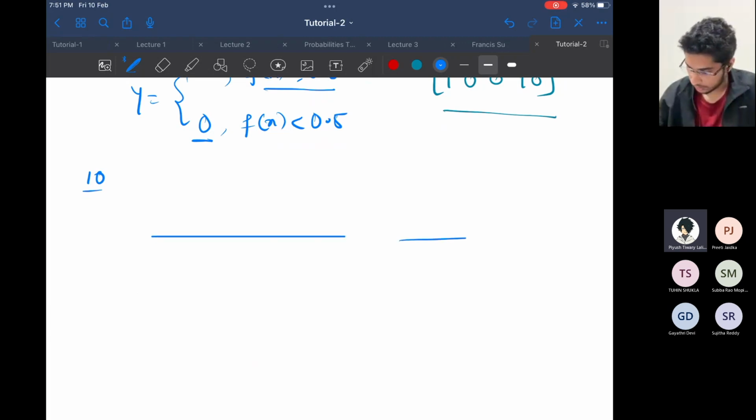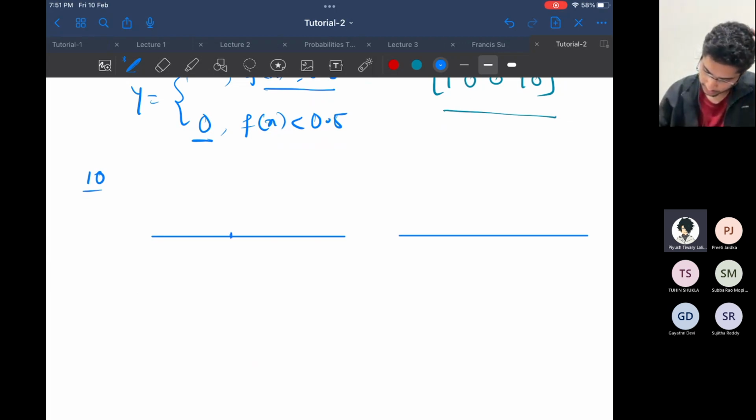So for a perceptron, what is the output? Let's say this is your perceptron. The outputs are like this, right? It is 0 till some fixed theta or something like that, and after that it is 1.